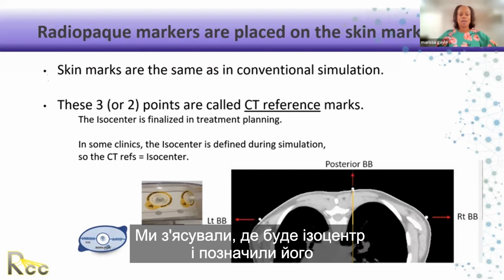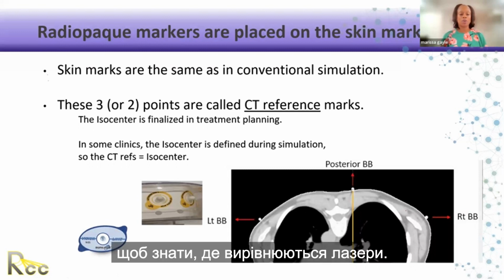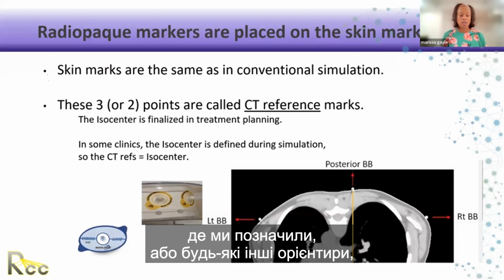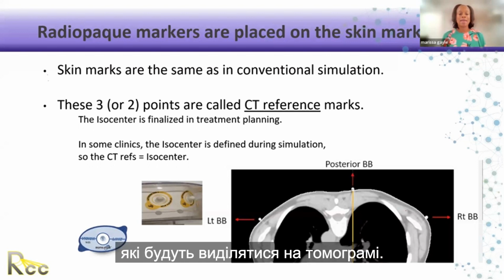We've figured out where the ISO center is going to be, and we've marked it with a Sharpie. So we kind of know where the lasers are aligning. Now we have to do the final scan. And the only way that the planners and the physicists are going to know where we marked with our Sharpie is by putting BBs or any type of reference point that will highlight on the CT scan.